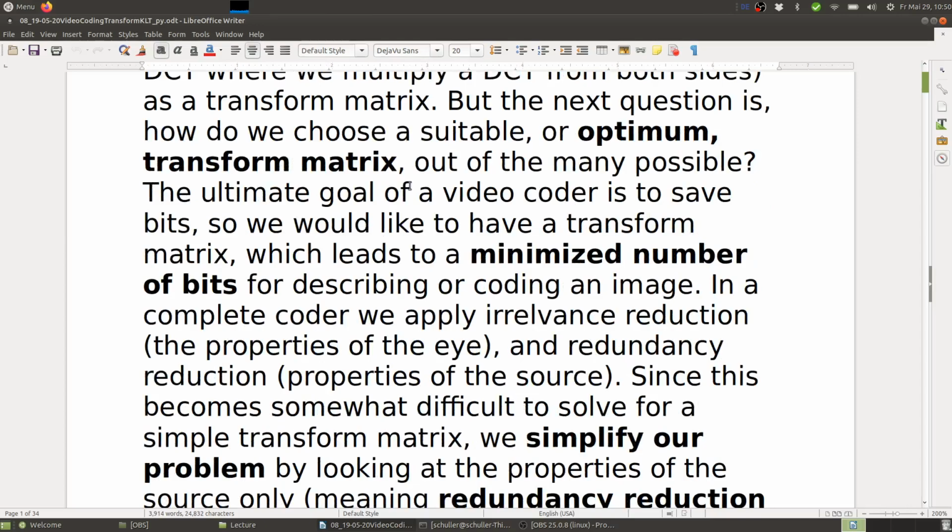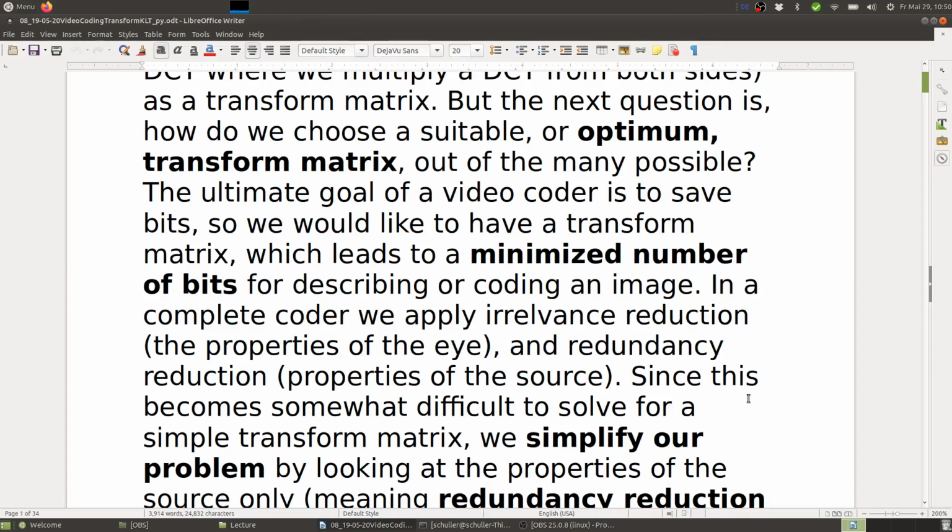The ultimate goal of a video coder is to save bits. So we would like to have a transform matrix which leads to a minimized number of bits for coding an image. In a complete coder, we apply irrelevance reduction, the properties of the eye, and redundancy reduction, the properties of the source.